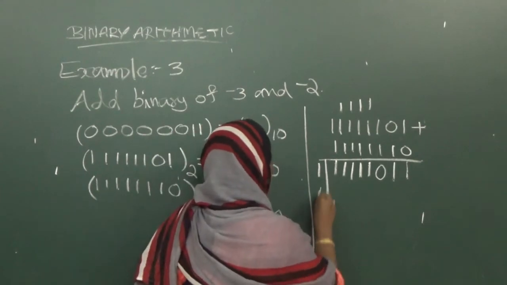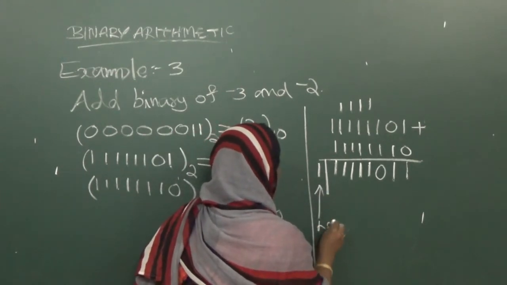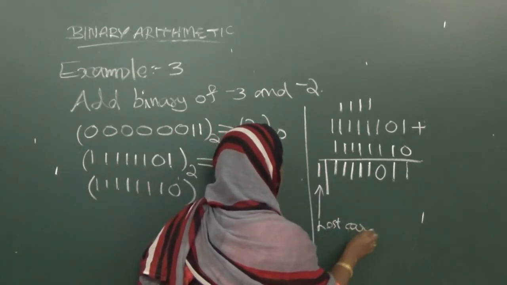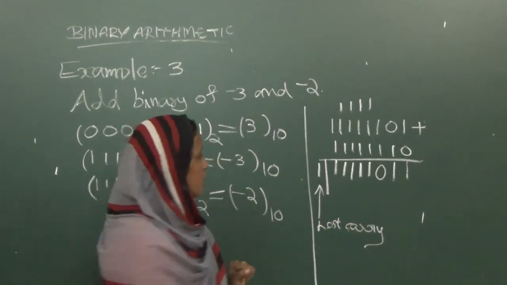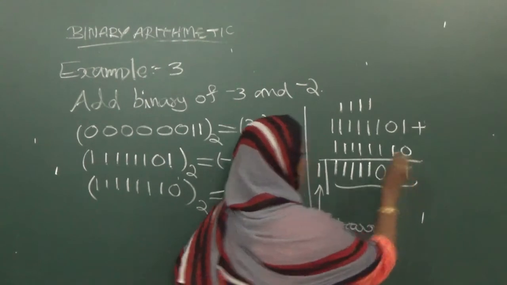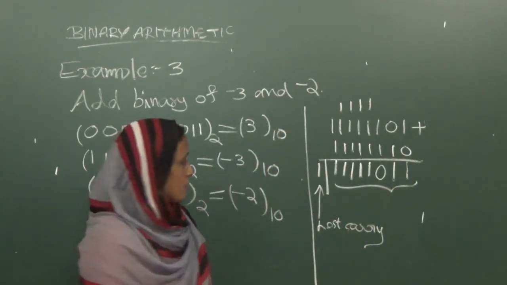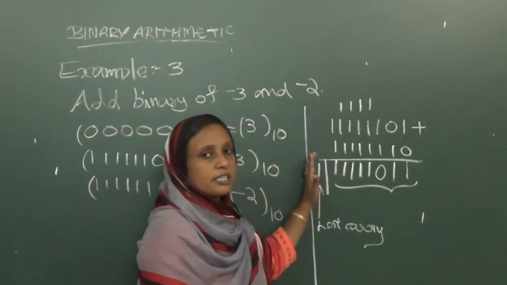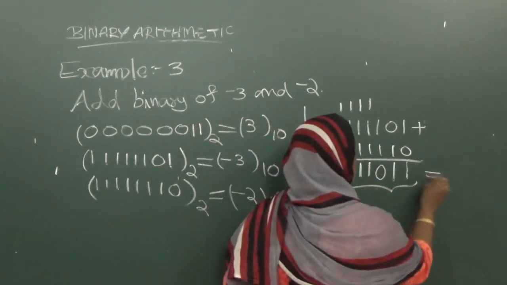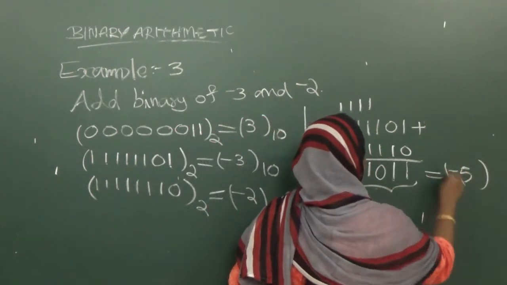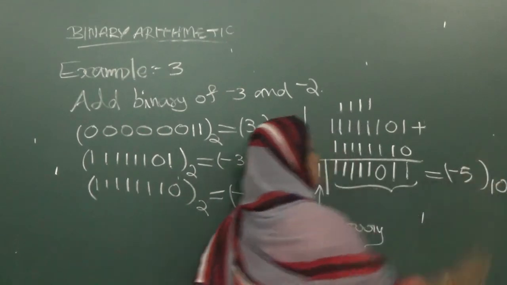Here also we have a lost carry. Okay, lost carry. What is this number? Except this lost carry, you have to get this number as minus 5 in decimal system.